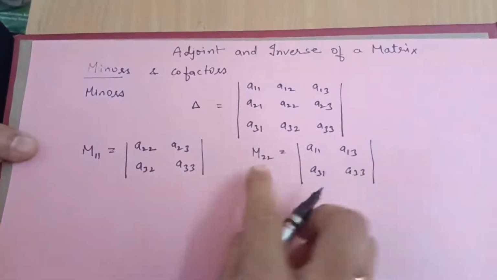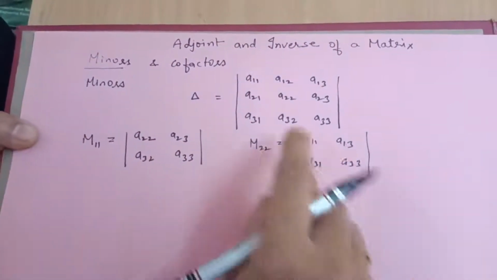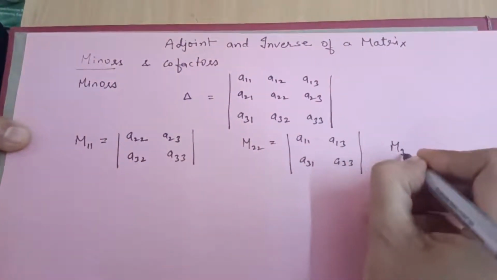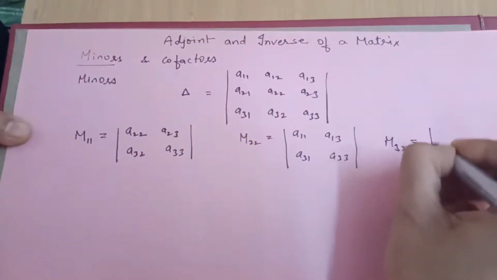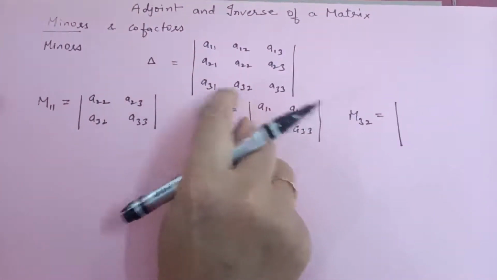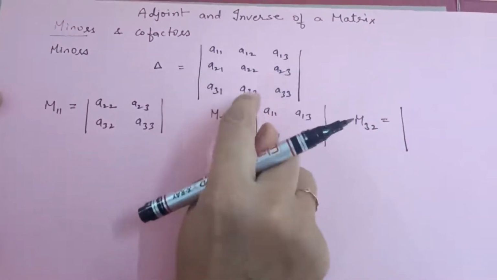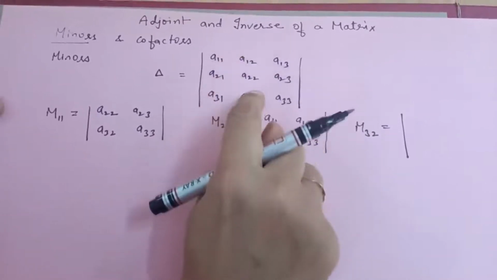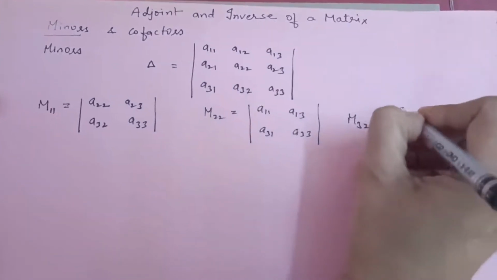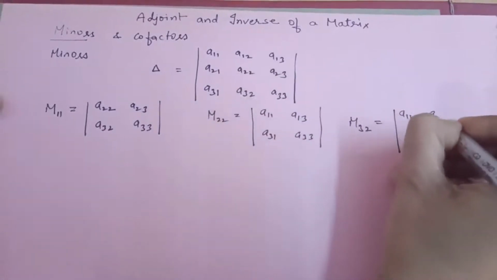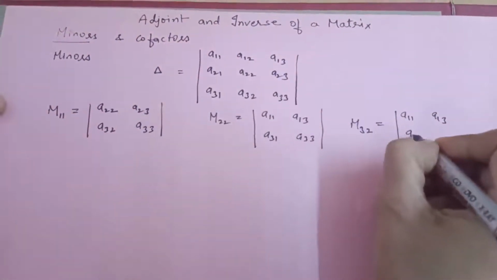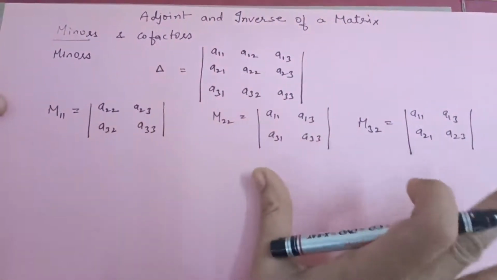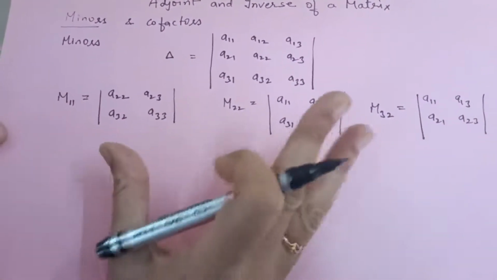Similarly, suppose you want the minor of element 32. This is the element of third row, second column, so by deleting the third row and second column you get A11, A13, A21, A23. This is the minor. Minor of any element you can get.